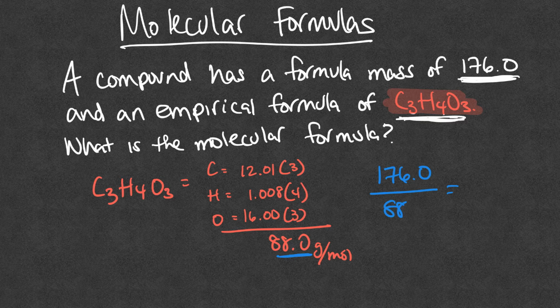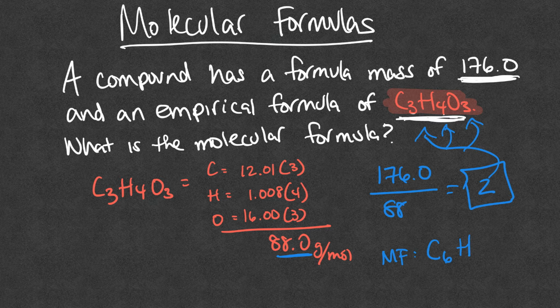If we put this in the calculator, we realize that the molecular formula is 2 times greater than the empirical formula. Knowing that, we take this number and multiply it by all the subscripts of the empirical formula. Our molecular formula, which I'm going to call MF, is C6H8O6. And that's your final answer.